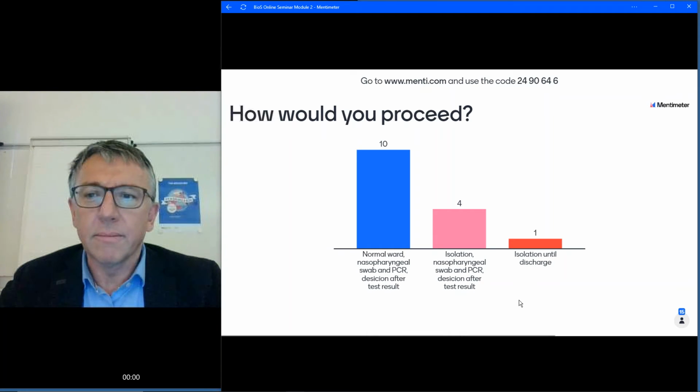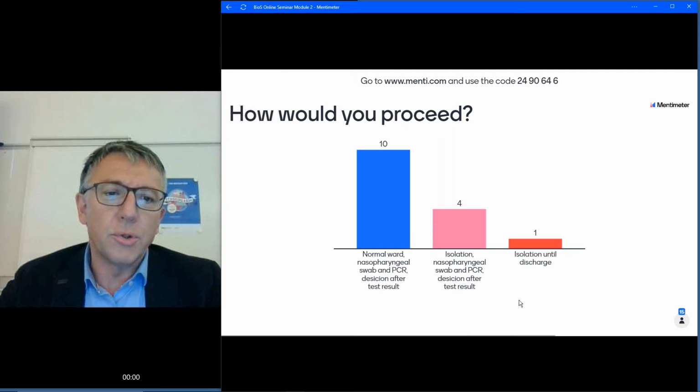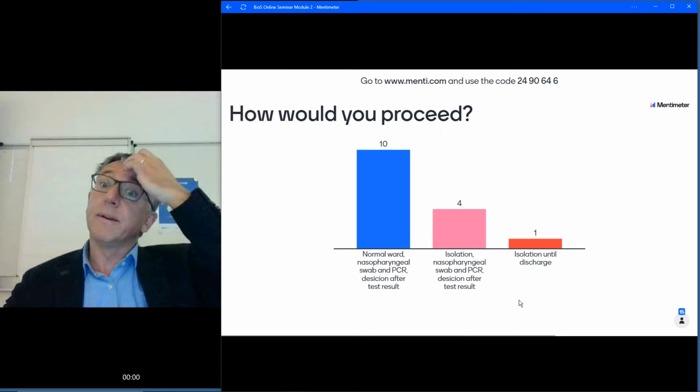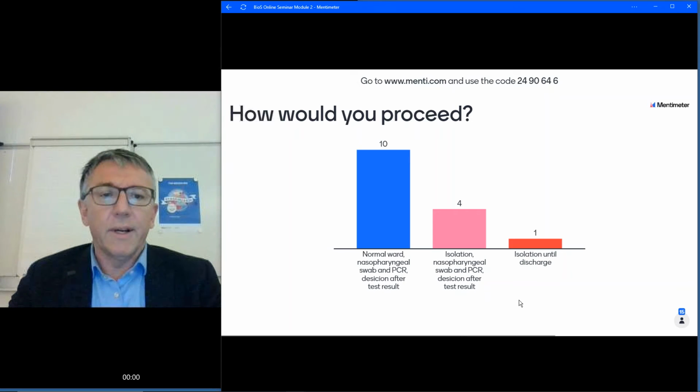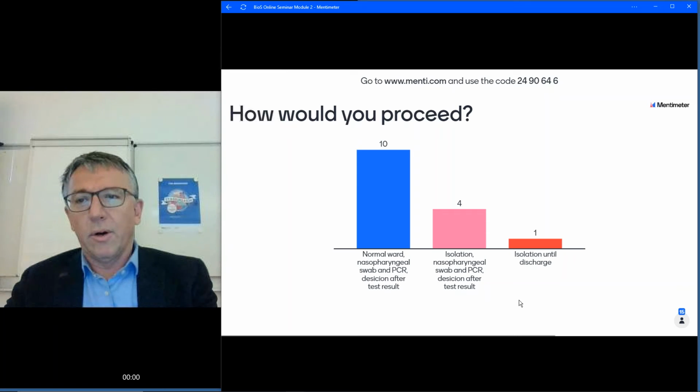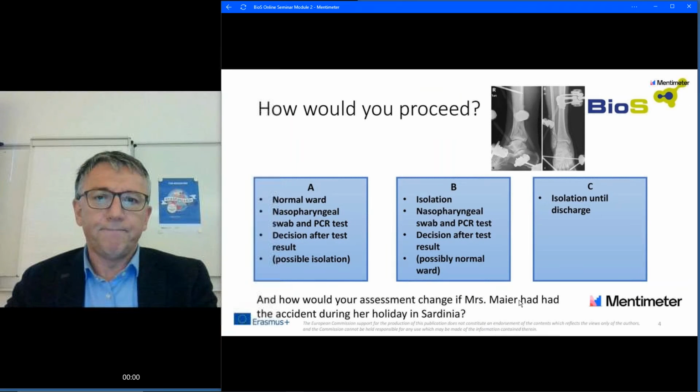And the information that you would need to decide to go for option 1 or option 2 would be the prevalence of the disease in this individual, the pre-test probability of that individual coming to your hospital of having been infected by the coronavirus. So you would need to know something about the prevalence of the disease in the population of this particular individual.